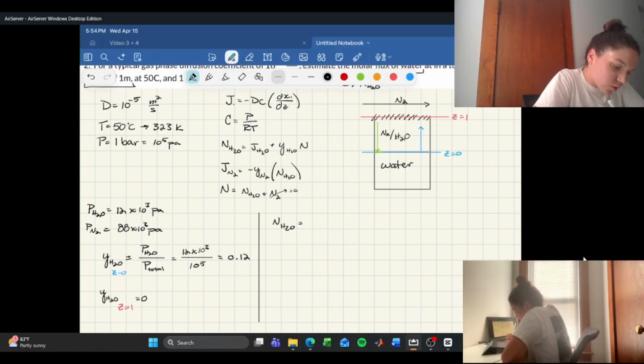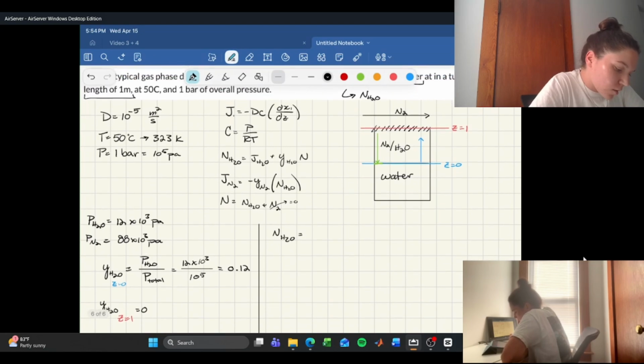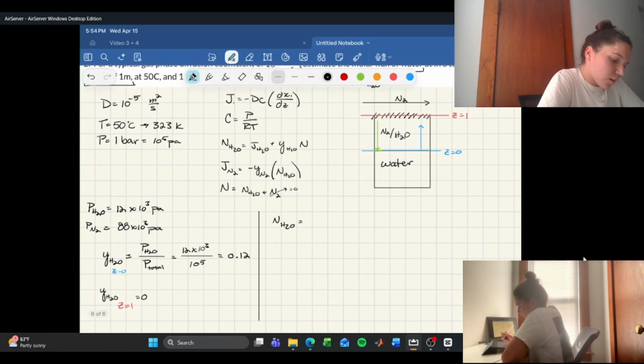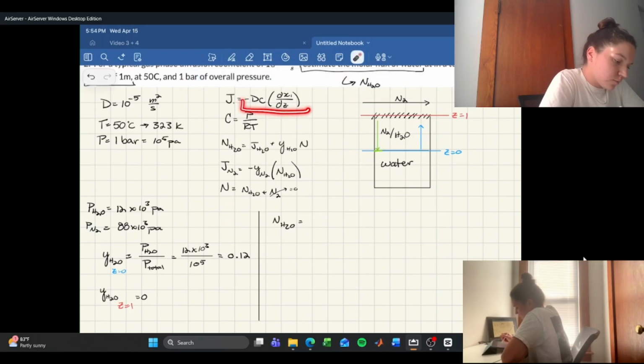So that's going to be equal to the flux of the water that's up here.